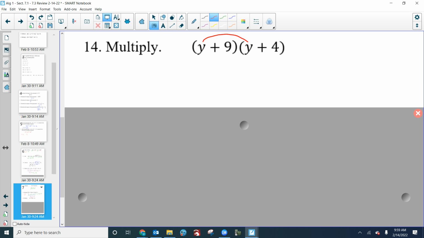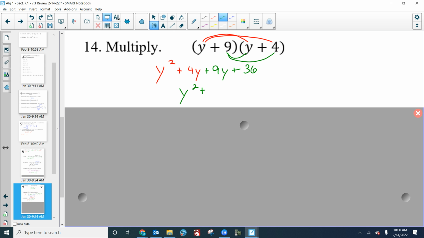All right, for the sake of time, when we multiply the first terms, we get y to the second plus outer terms. We get y plus 4y. How about the inner terms? Plus 9y. How about the last terms? Plus 36. Only two terms can combine.